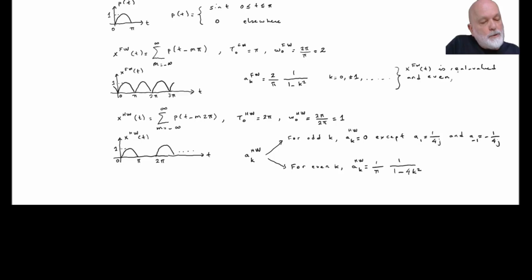And because of this, since it is a real valued and even signal, a_k are real valued and a_k full wave is equal to a_minus_k full wave.